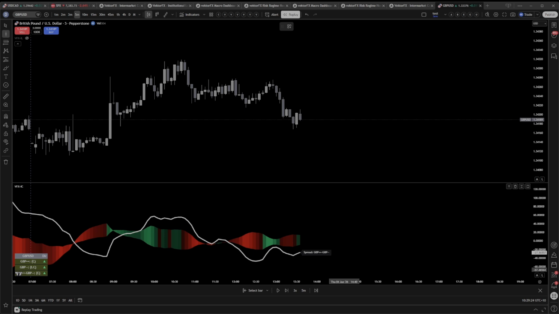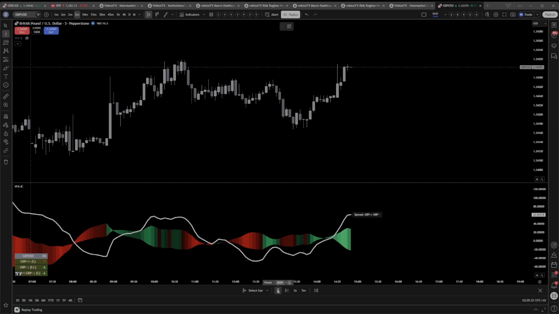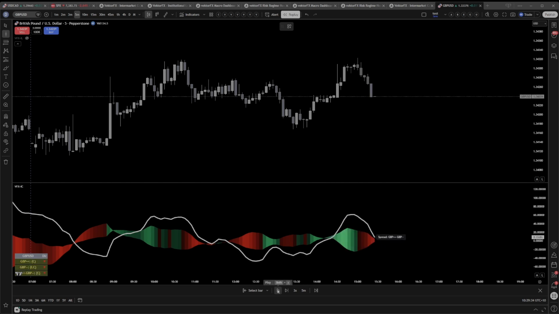We are in replay mode, so let's select play and see how this looks. Okay, that's a good example right there. As you can see, the synthetic spread started to move up.